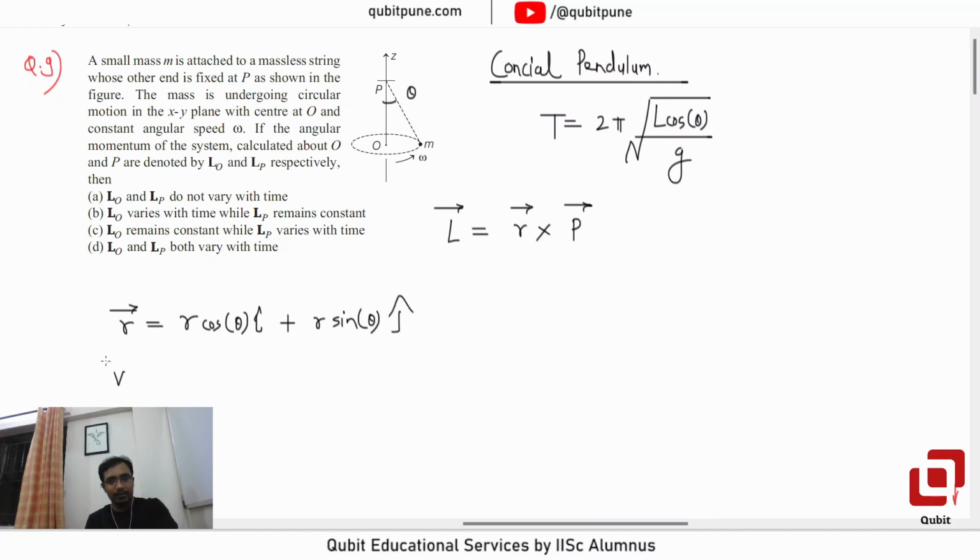What will be V bar then? Negative R sin theta omega i cap plus R cos theta omega j cap. Do you follow this? This is with respect to origin, assuming that to be the xy plane.